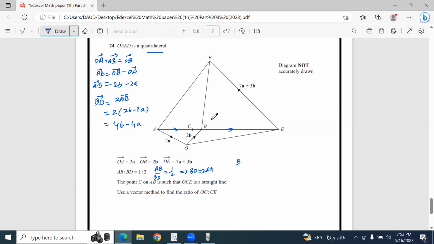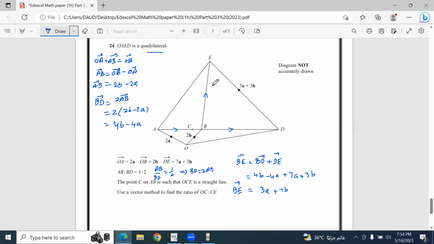So BE: for BE, I would say it is equal to BD plus DE. We know BD, which I just found, is 4b minus 4a, and DE is 7a plus 3b. We can simplify: 7a minus 4a gives us 3a, and 4 plus 3 gives 7b. This is the answer for BE.